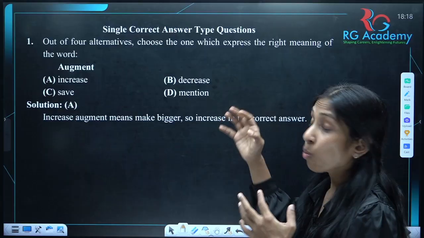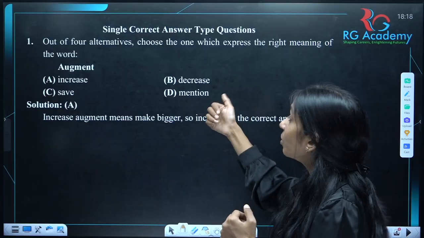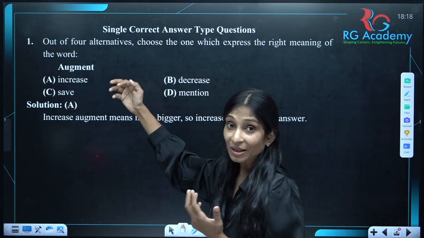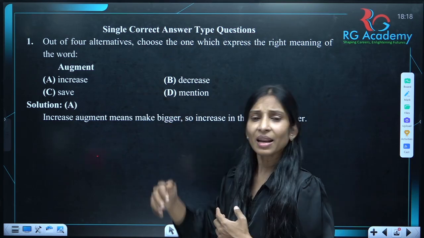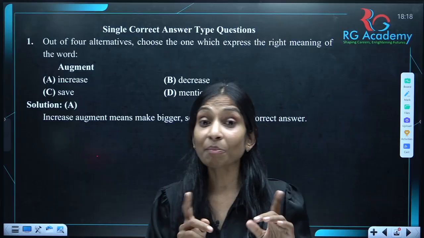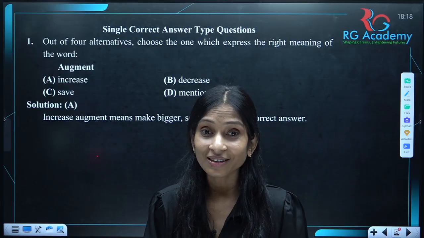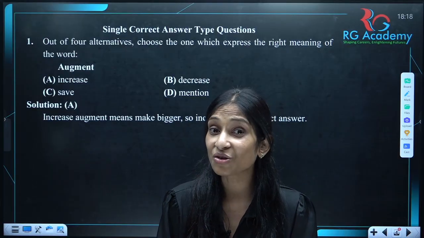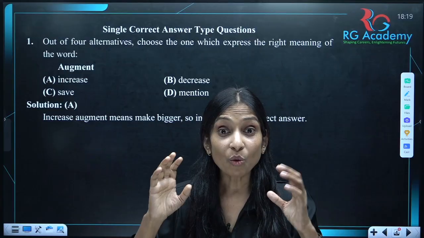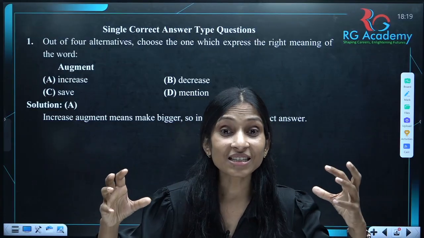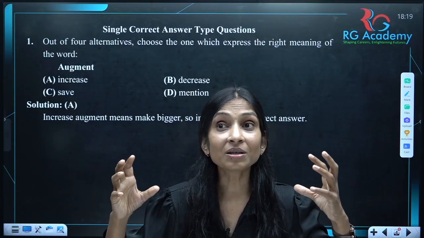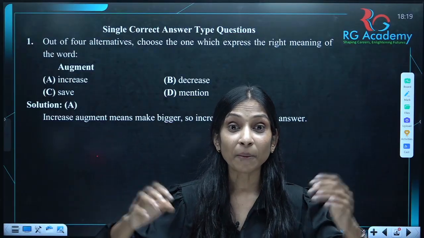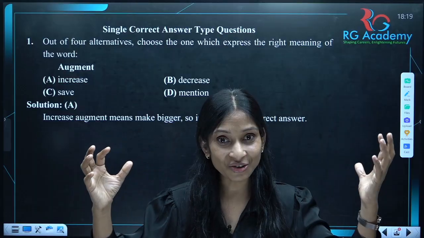Now let us see what word has been asked. The word of which we are supposed to tell the meaning is augment. Now recall and remember, where have you heard the word augment? Have you heard the word augmented reality? Okay, so what do you mean by augmented reality? Augment means increased, bigger, enhanced reality.